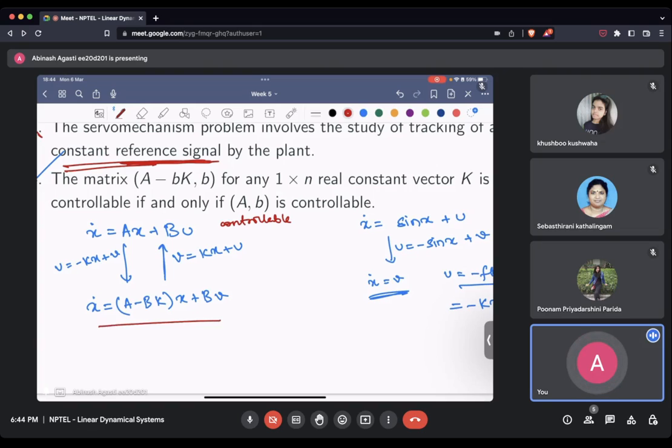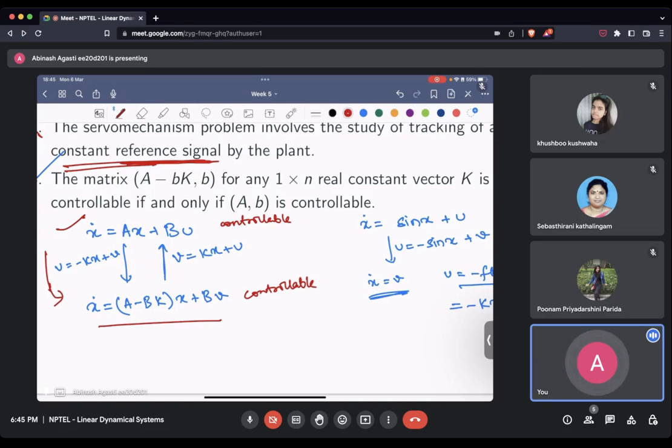Then I take this system and put v as this, then I get to this system, right? So obviously the entire thing is controllable, and similarly the opposite way around as well. So if this is controllable and I start with this system, then I can put in some control so that I get to here, and then that is controllable. So the original system is also controllable.